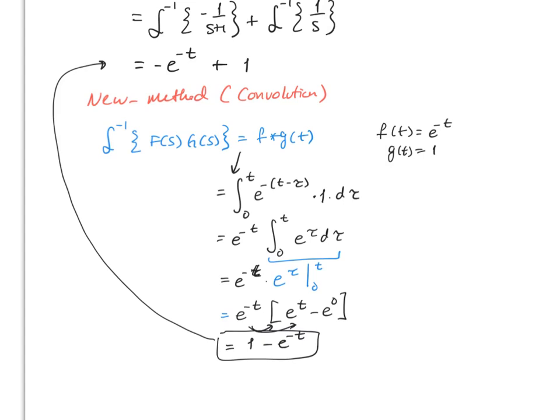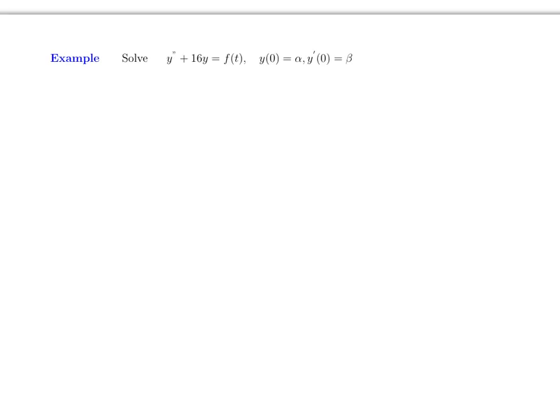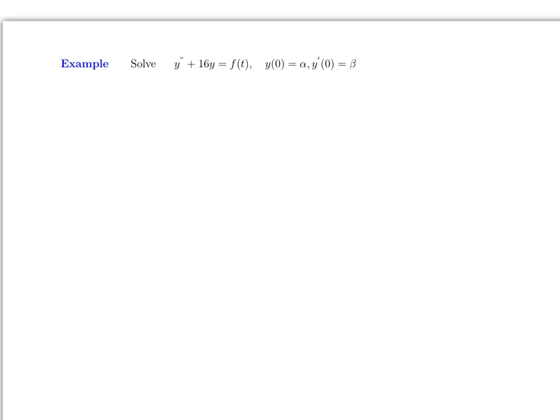Alright, so finally let's do an example where you had to solve a differential equation using this method. Let's say that you want to solve this differential equation. The difference between this and all the problems we've done before is that here you don't actually know what this function is, but you still can solve this in terms of the convolution integral.